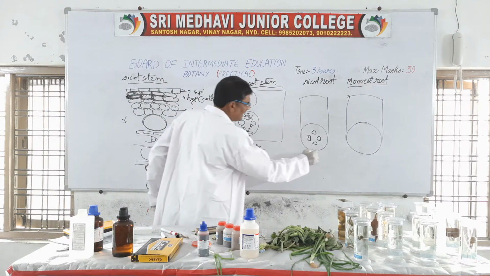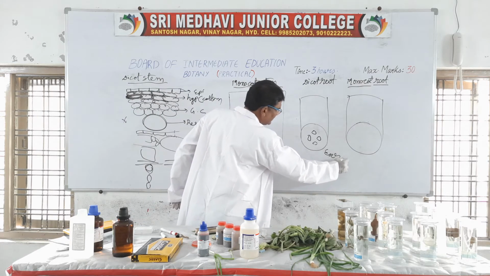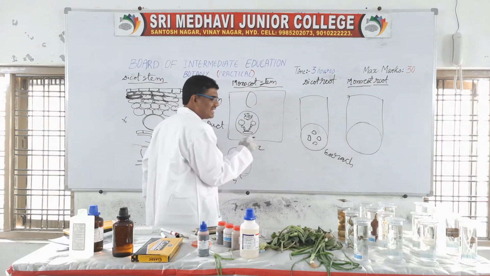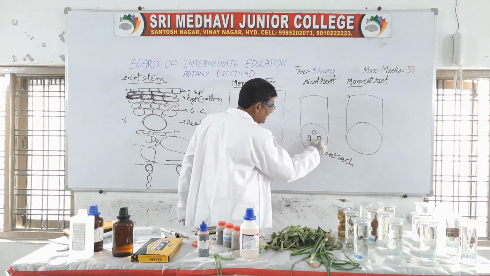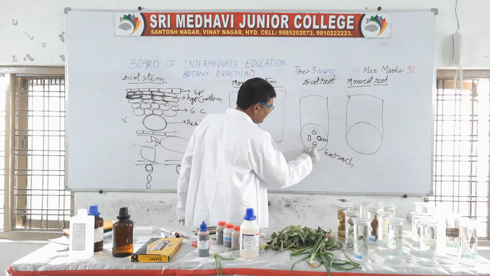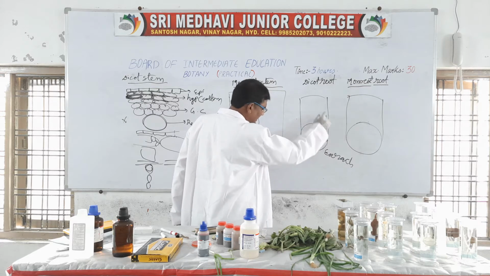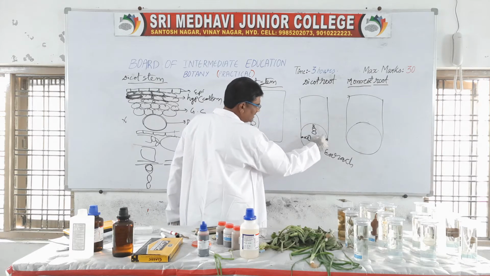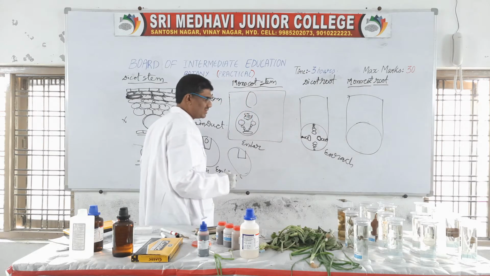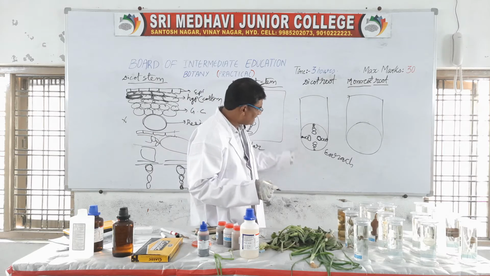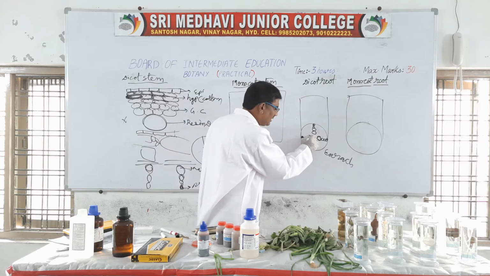But in a root they contain exarch condition. Why is it called exarch condition? Because the protoxylem is towards the pericycle, on the pericycle side, and the metaxylem is at the pith or medulla.